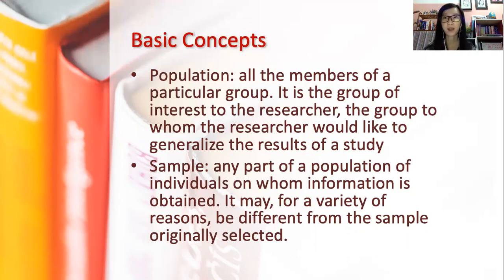For example, countries, continents. Meso is in the middle, something like organizations. And then the last one, micro, is the smallest. For example, family, individuals.